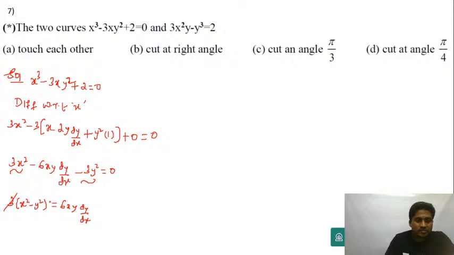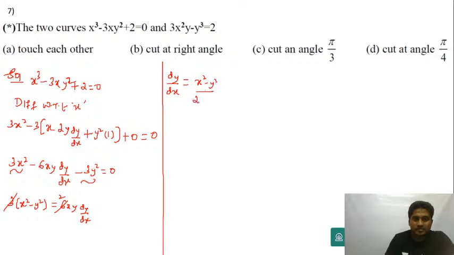This will cancel 2 times. And from this, I can write dy by dx is equal to (x square minus y square) upon 2xy. This is the slope of the tangent, m1. Understand?